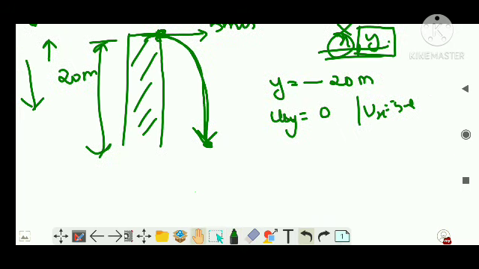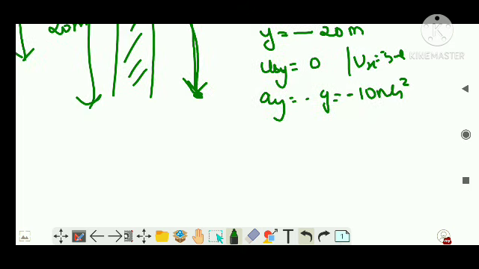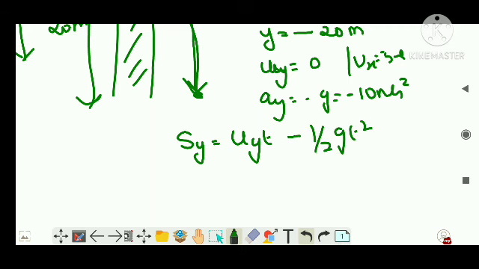Now what is the acceleration in the y direction? ay is minus g. I will take it as minus 10 meters per second squared, right? Now what is the equation for y direction displacement? That is uyt minus half gt squared. I hope you understood why I put minus. It is for g.